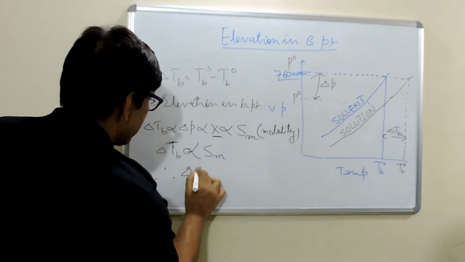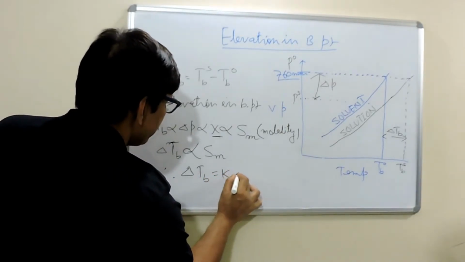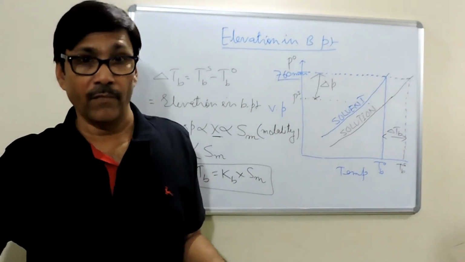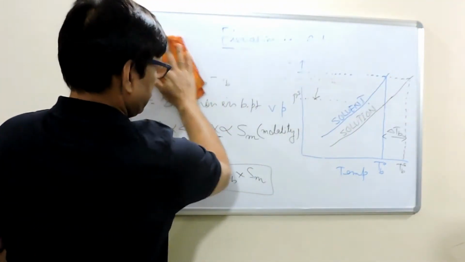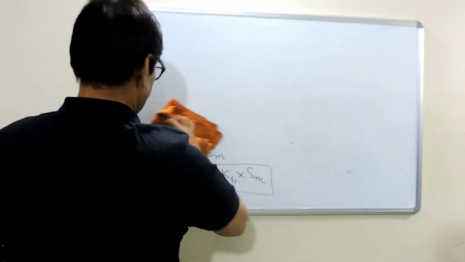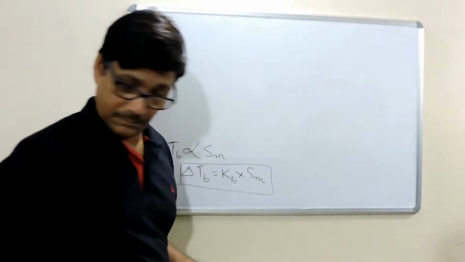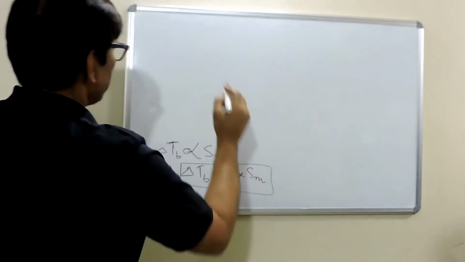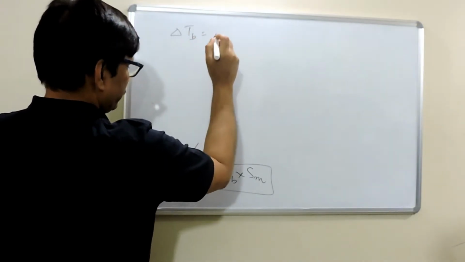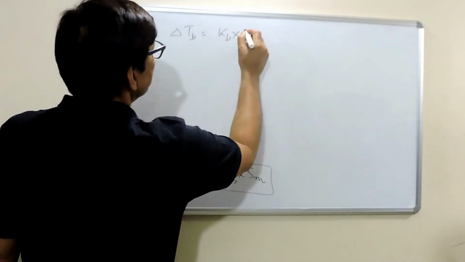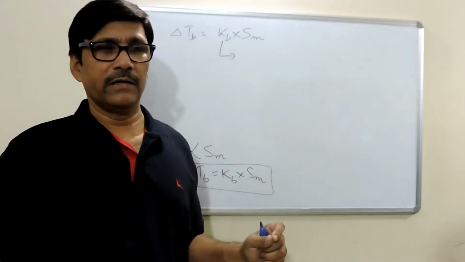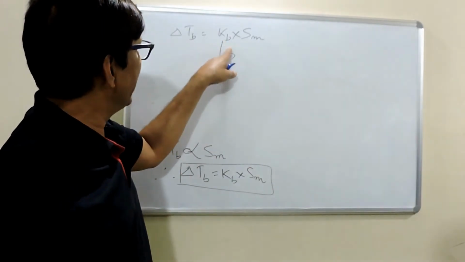Therefore, delta TB will be equal to some constant KB into strength in molality, where KB is a constant for a solvent, meaning each solvent will have a specific value of KB. And now what is KB?